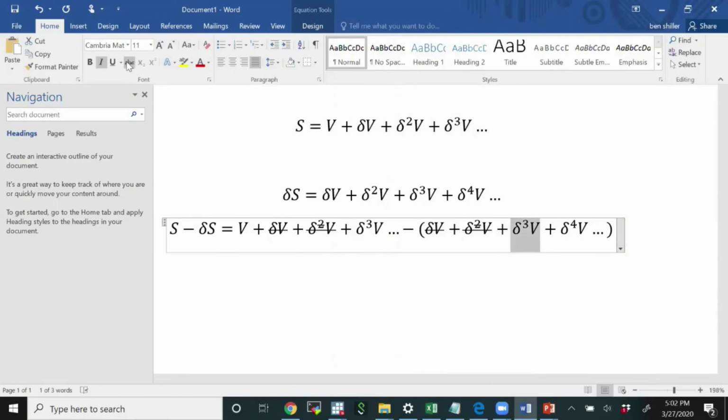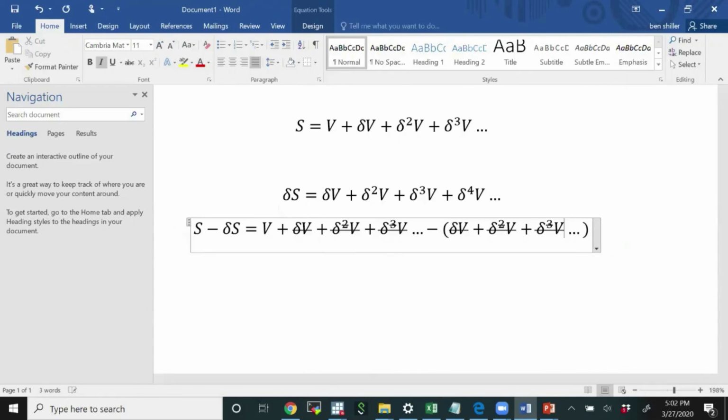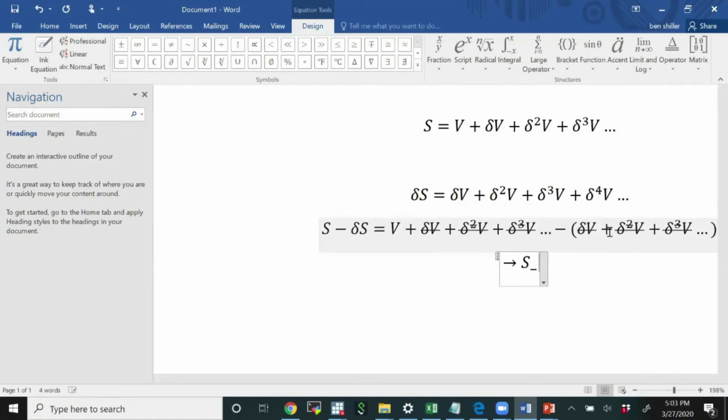In fact, every term in this infinite stream of payments is going to be canceled by the analogous term in the other stream of payments, except this first term in S. Since every term in S is multiplied by delta when you're coming up with delta S, this first term does not appear in delta S. So this is the only term that remains after such canceling. So we have S minus delta S is equal to V.